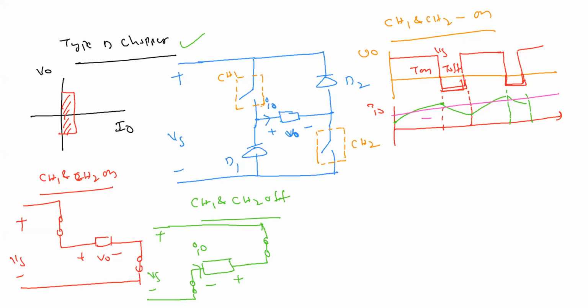Shall we move on? Type P chopper, 4-quadrant chopper. Need not remember this. Need not remember any circuit, in fact, for that matter. Only operation. When something is given, you should know how this will get operated.